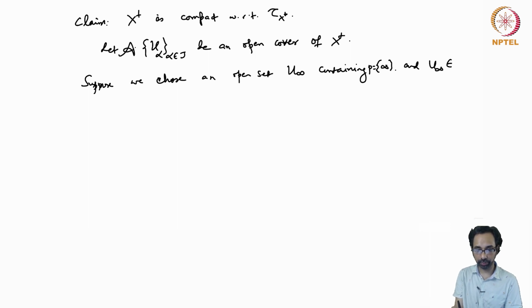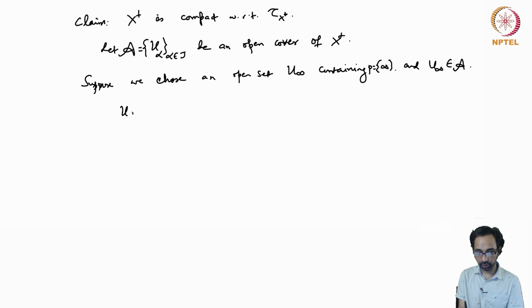Let me call this collection of open sets U alpha, alpha in A. So U infinity belongs to this collection, it's one of these U alphas, so it contains the point at infinity.